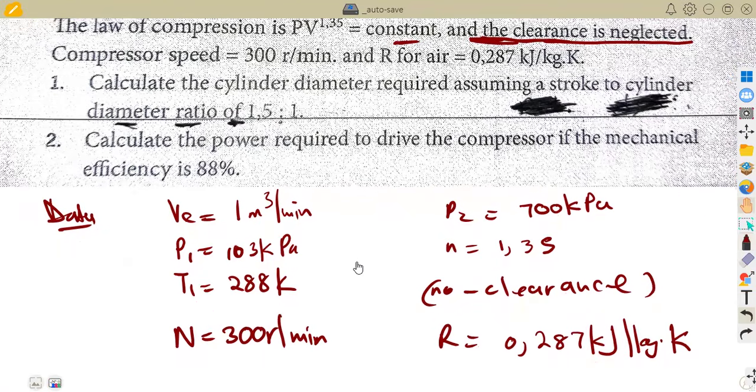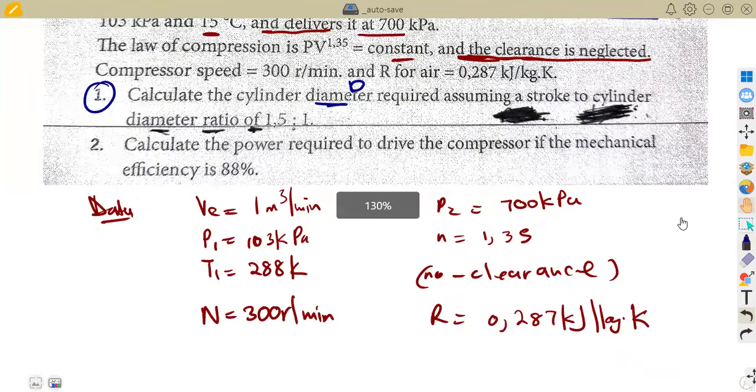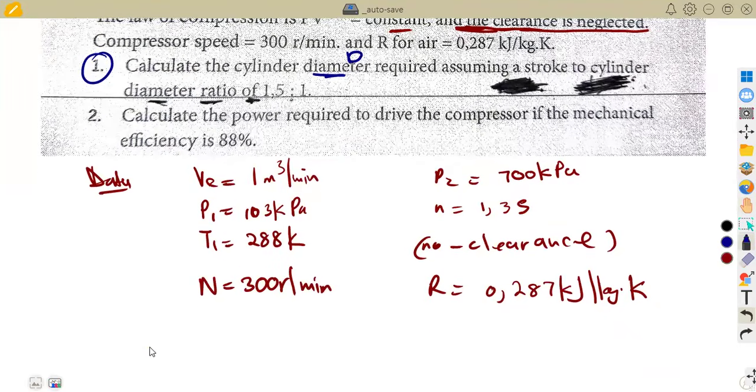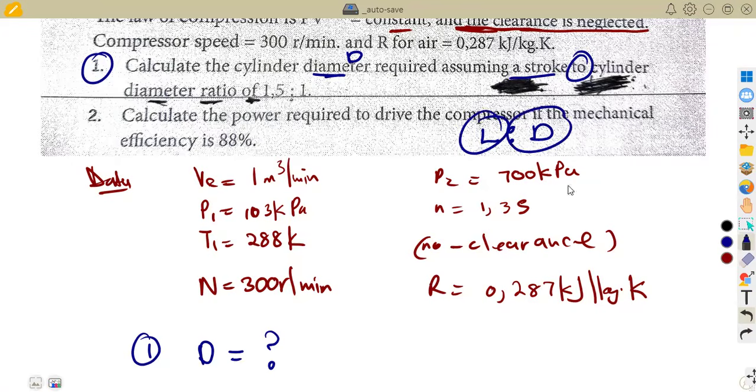And the question is, calculate the cylinder diameter. Take note. Calculate what? The cylinder diameter. We need to find D. That's the question. We need to determine the diameter, but on a condition, assuming the stroke length to the cylinder diameter.